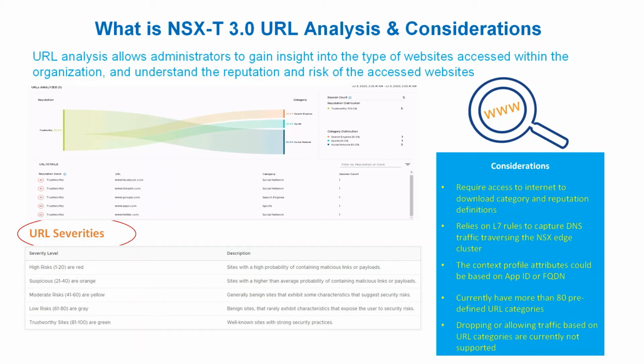You could see from the screenshot, it tells you how many times a search engine specific URL was accessed and the number of times sports or social network URLs were accessed.